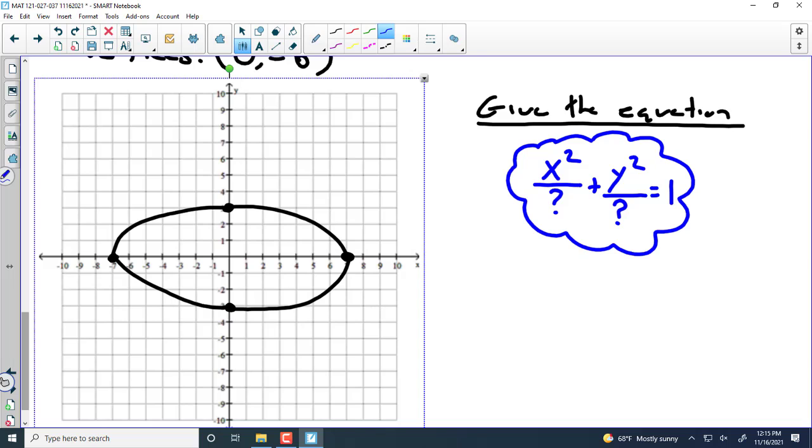I think to myself, I'm writing the equation of an ellipse. The equation of an ellipse is always x squared plus y squared with numbers underneath them equals 1. I guess I just need to figure out what numbers go underneath them. Then I come over here and I do this. And look at the numbers and how far I went left and right and how far I go up and down. And then I make a rookie mistake.